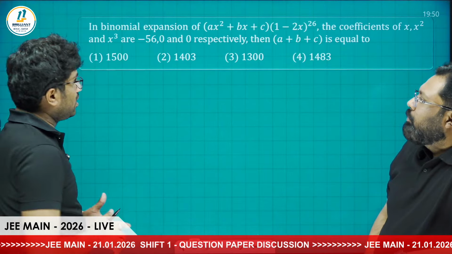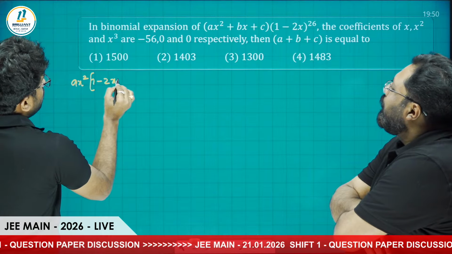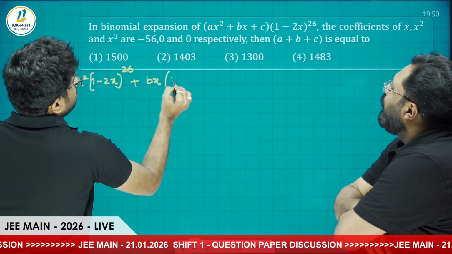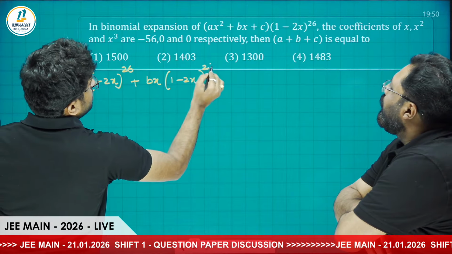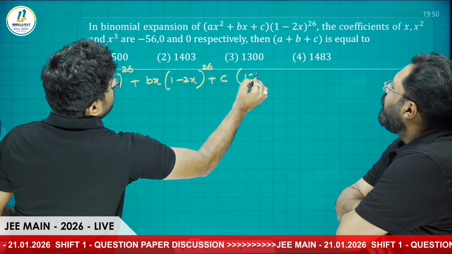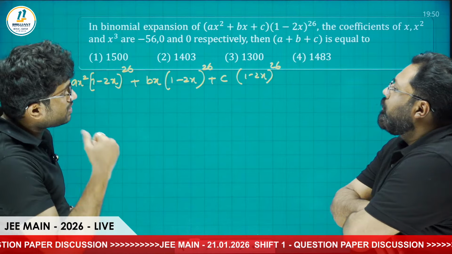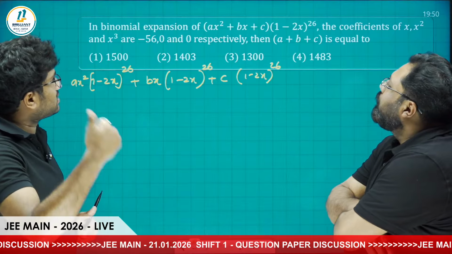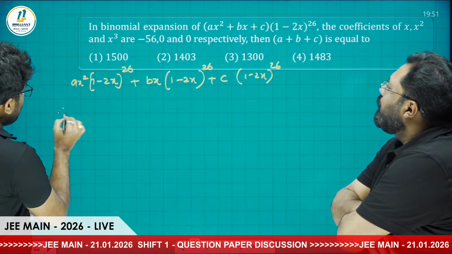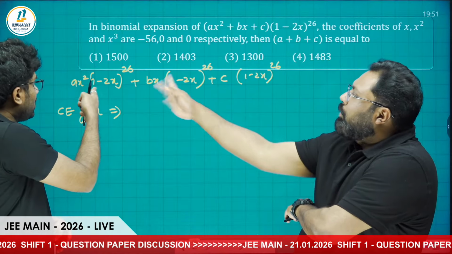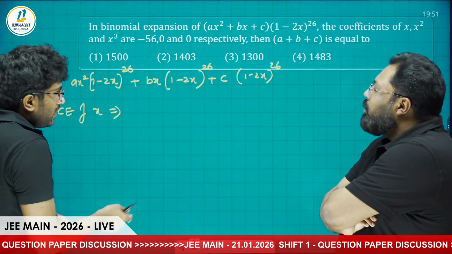Now let's try to simplify this as ax square into (1 minus 2x) whole power 26, plus bx into (1 minus 2x) whole power 26, plus c into (1 minus 2x) whole power 26. They have already given the coefficient of x square and x cube. So what will be the coefficient of x? Coefficient of x here we won't get from the first term, because it starts with x square.